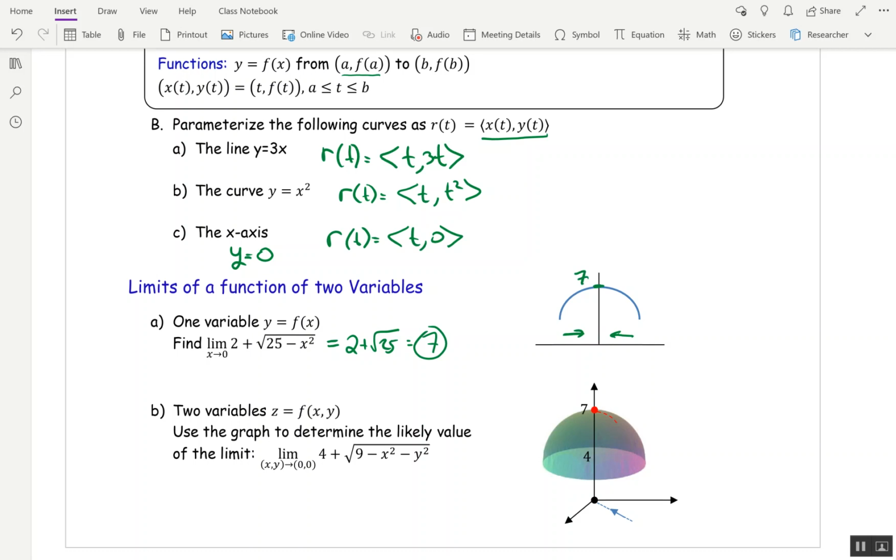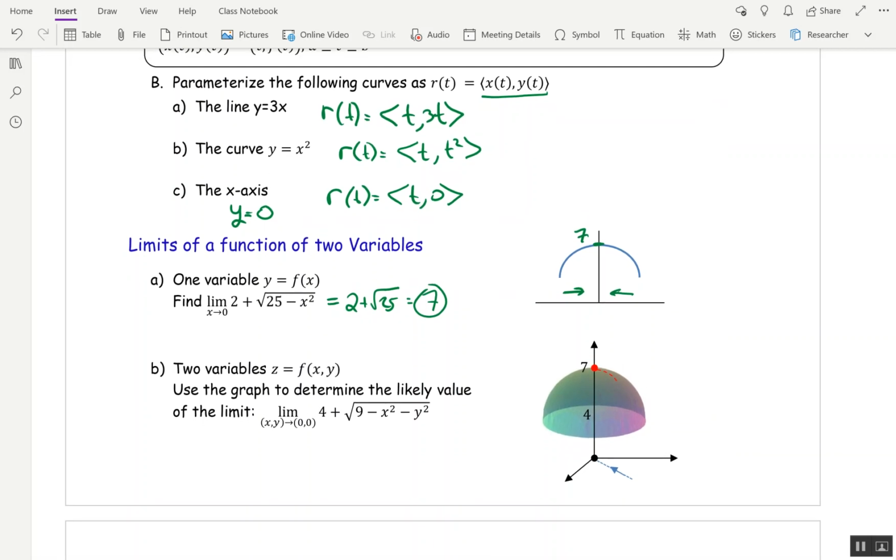All right, well, the same thing's going to happen with a function of two variables, except now up above you've got a surface, not a curve. And one other thing, there are many ways to approach a point in the domain. With one variable, you can just do a left-hand limit and a right-hand limit, but in a situation like this, there are infinitely many paths you can come in at to the point in question.